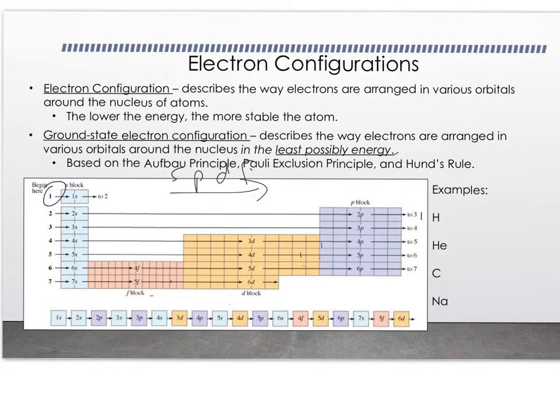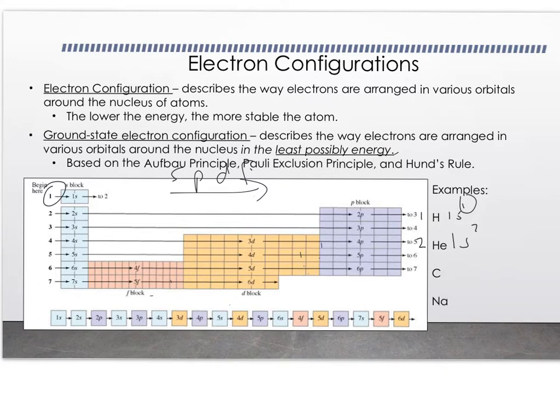We all base it on the electron number. Hydrogen is element number 1, so I'm only going to have 1 electron in my orbital. So in your 1s block, you have 1 electron. The exponent is going to tell you the total number of electrons. If you go to helium, which is element number 2, you're going to have 2 electrons in your 1s orbital.